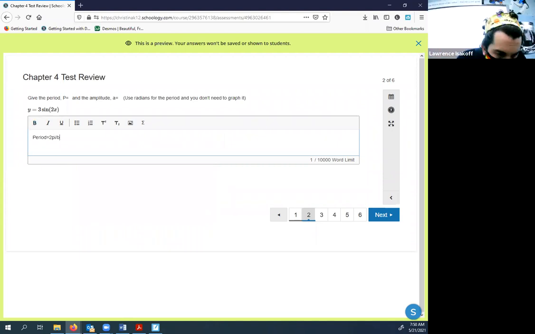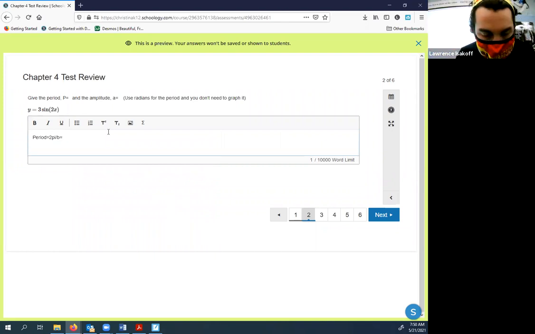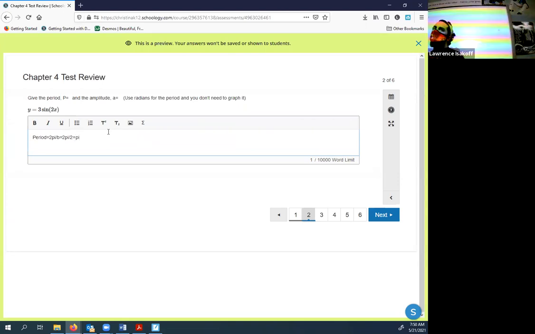My b value here is 2. So that ends up being 2 pi divided by 2, which is just pi. So my period here is pi. If we wanted to look on Desmos to confirm that, we would see that.